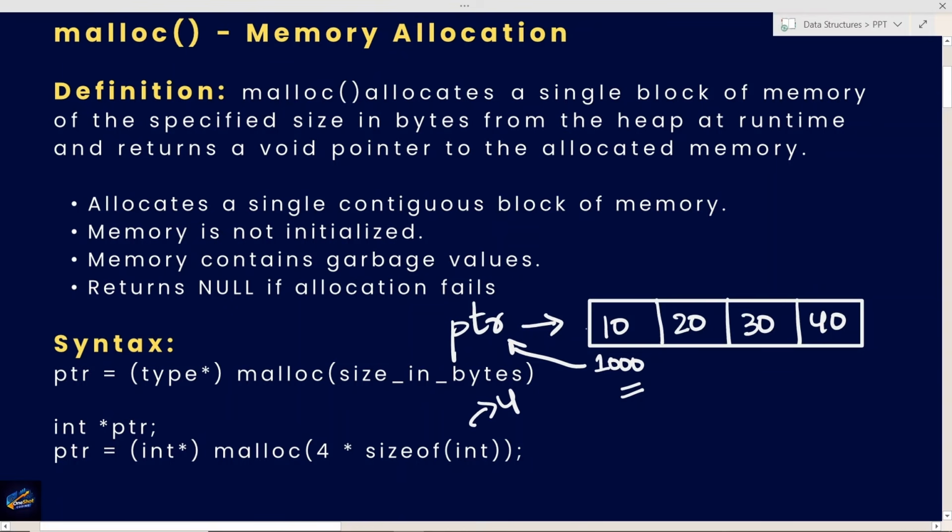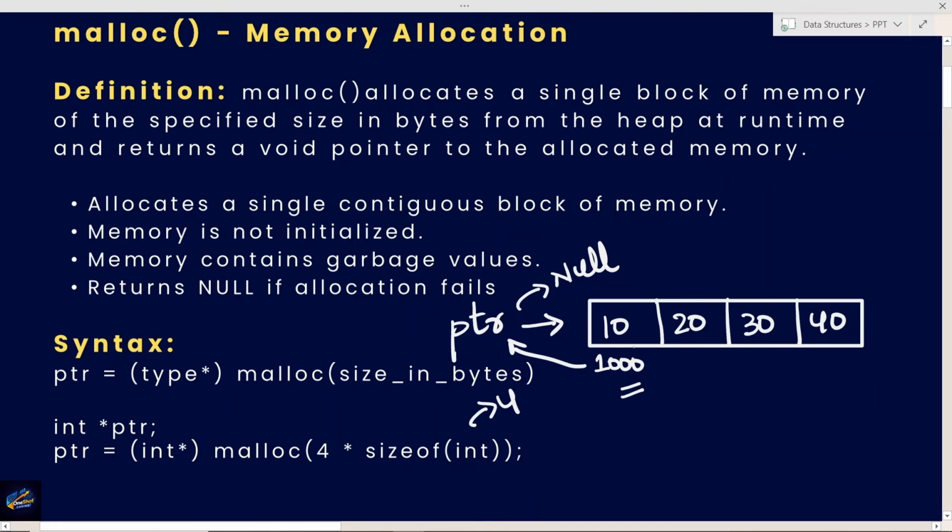Sometimes it is possible that the memory will not be allocated. If the memory is not allocated, our pointer will contain null, because malloc returns null if allocation fails. And here I said that our memory contains garbage values.